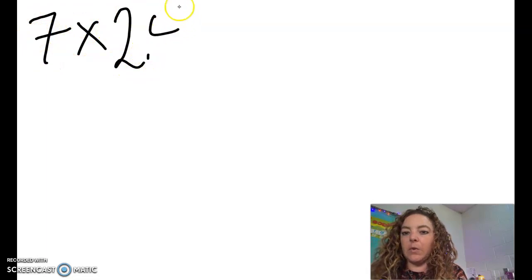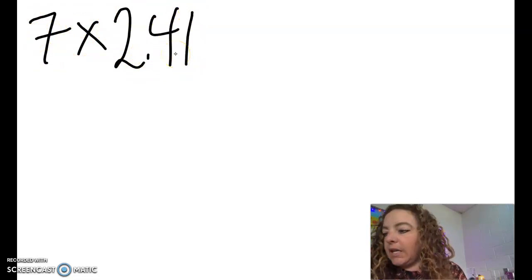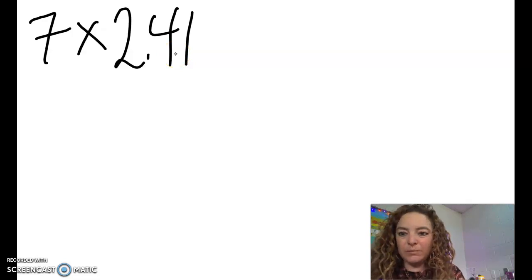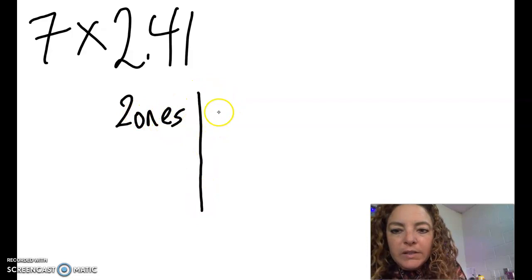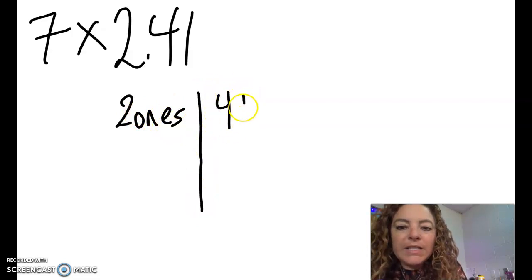So we're going to do 7 copies of 2 and 41/100ths. And again, we're going to try out our place value chart with words. Okay, so we have 2 1s. I'm going to try and write a little smaller this time. We have 2 1s. We have 4/10ths.